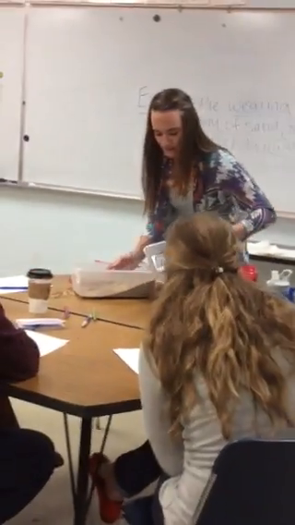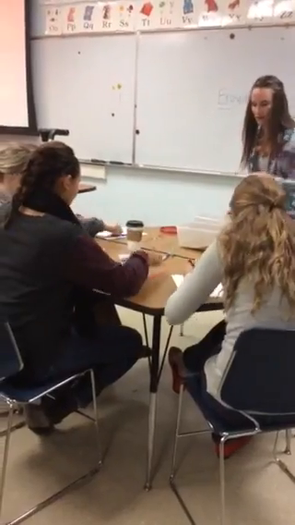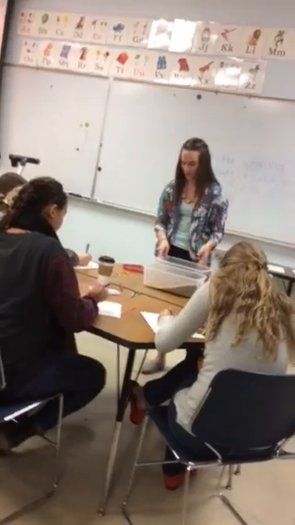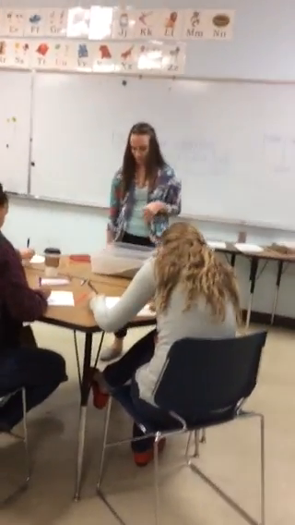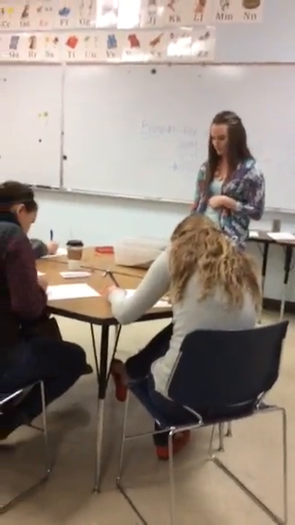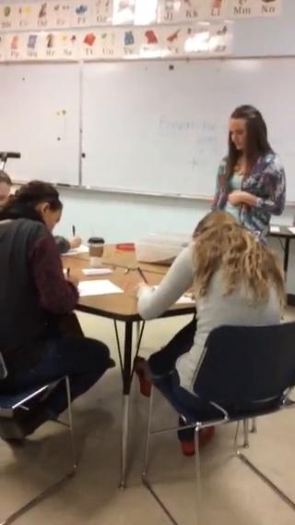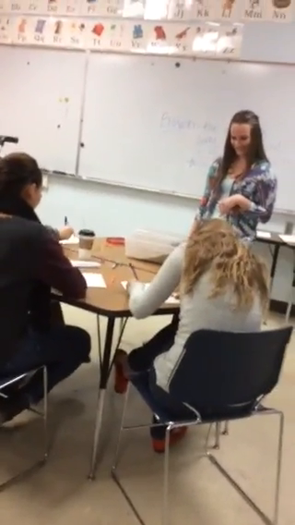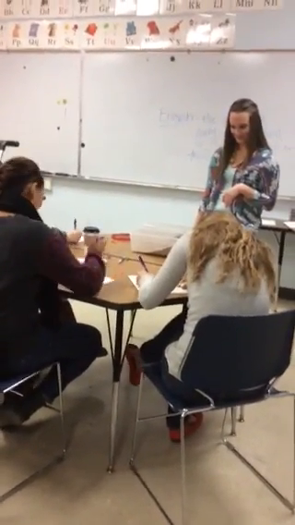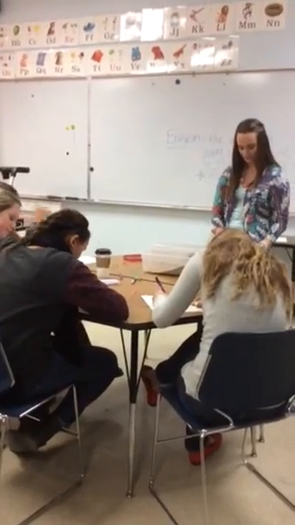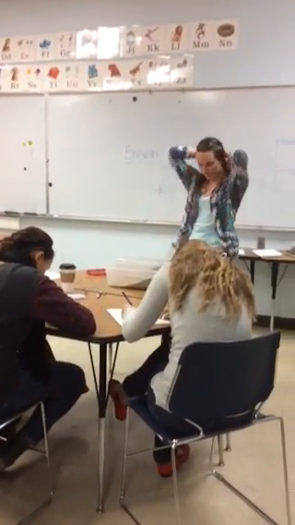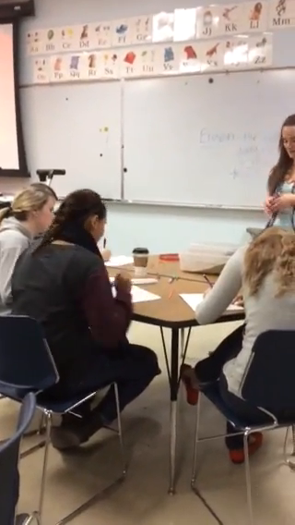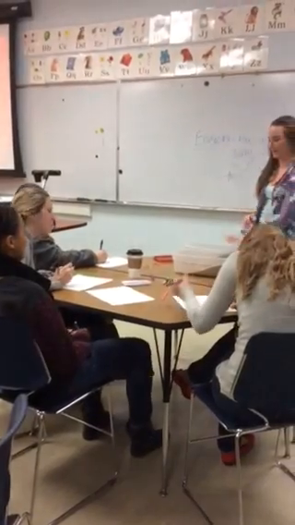Okay, so now you guys need to draw your after picture. And on your notes, explain what was happening when you were simulating erosion. You can make notes about it, but you're also going to write a sentence explaining what was happening.